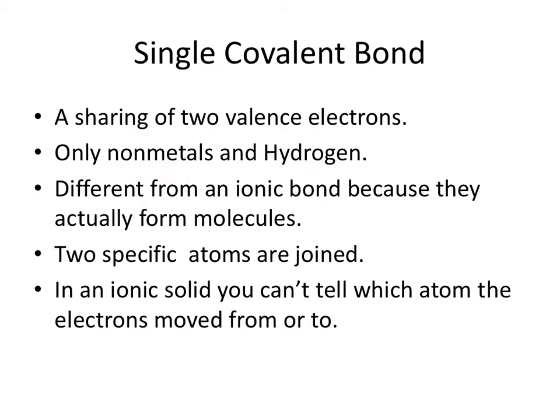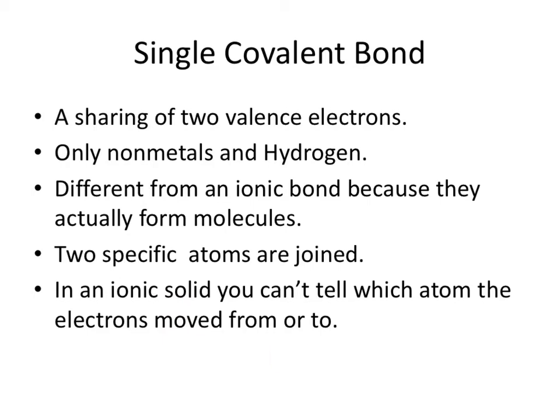These are different from ionic bonds because these form molecules. Molecules, remember, you have to think of them as being covalent bonds. So we've got 2 specific atoms being joined, or more than 2 specific atoms being joined together, but between the atoms it's always 2 that are sharing these electrons. In an ionic solid, you can't tell which atoms the electrons have moved from or to.